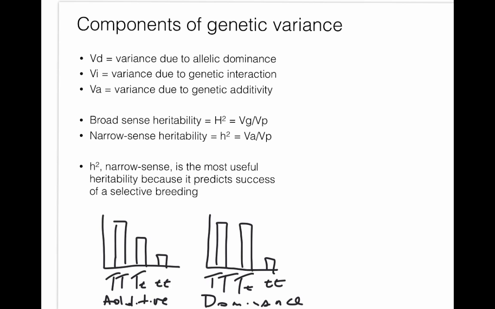So dominance is actually a bit tricky for us. Why is it tricky? Because when I look at a plant, or an individual, or an animal, or a man or a woman with this type of variation, I do not know whether I'm looking at the heterozygote or at the homozygote. So there is a variance which is due to dominance that is certainly part of my total variance.